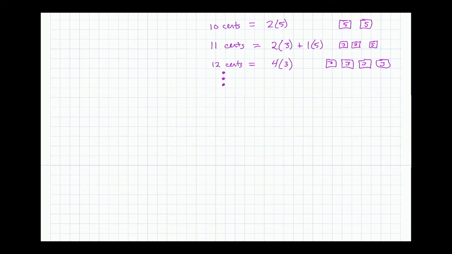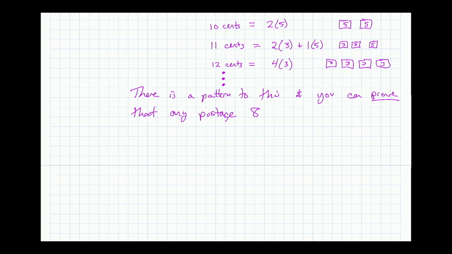Okay. So there's a pattern to this. And you can actually prove that any postage, 8 or more, can be made from, what is it, 3 and 5-cent stamps.